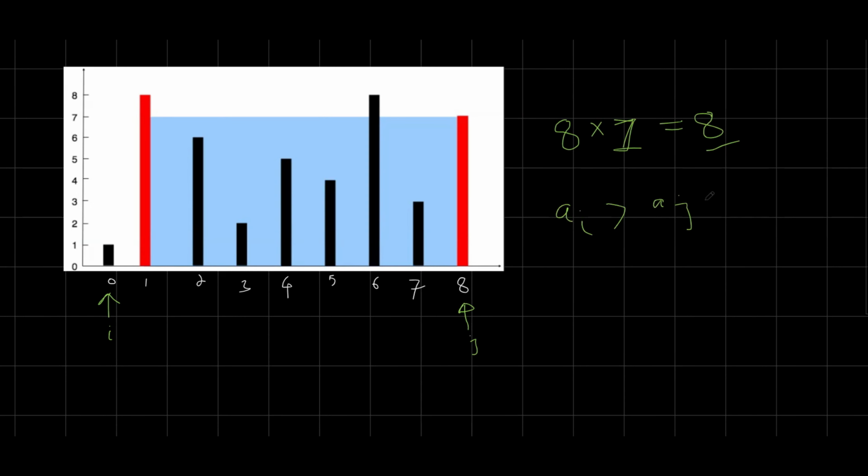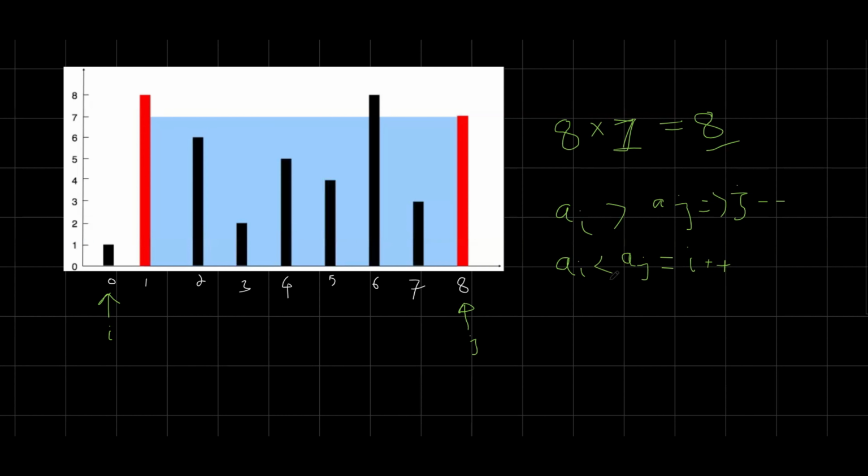So here, as A of I is greater, in this case, we have to move the jth pointer. So we have to decrement the pointer value j. So it is the greedy approach. And if our current A of I is less than the current A of j, in this case, we have to move our ith pointer because the value at the ith pointer is small.